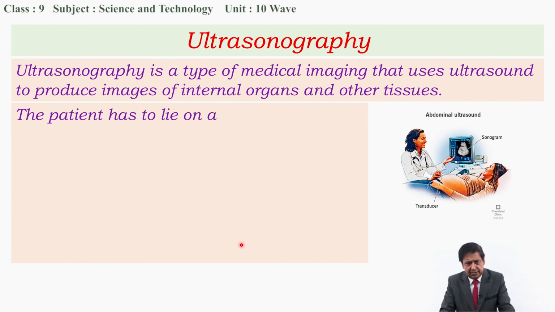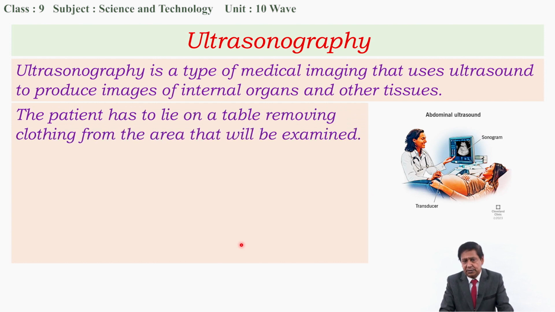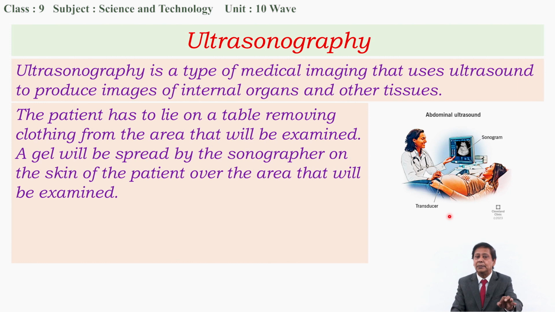At first, the patient has to lie on a table, removing clothing from the area that will be examined. This lady is a pregnant lady, and she is going to have the condition of the baby in the mother's womb examined. She has to lie over there, and then a gel will be applied by the sonographer.